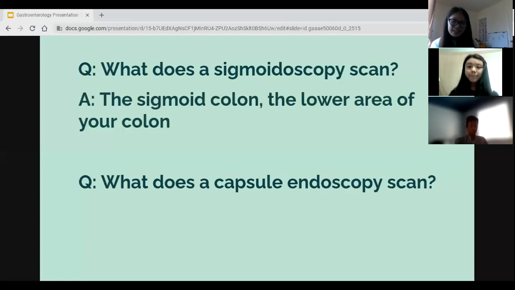Next question will be, what does a capsule endoscopy scan? This one's a little more difficult.